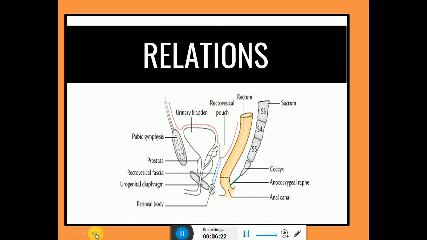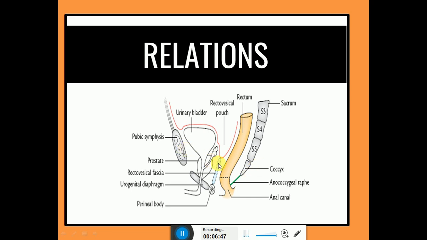Now the relations of anal canal. First we are going to cover anterior relations. As we have seen, this is the anterior portion of the sagittal section of pelvis. Anteriorly we have the hip bone. This portion is the pubic symphysis, and posteriorly we have sacrum and coccyx.